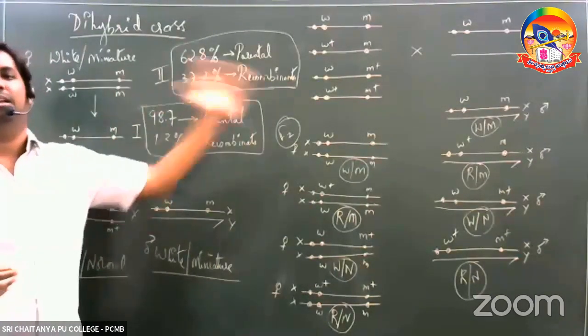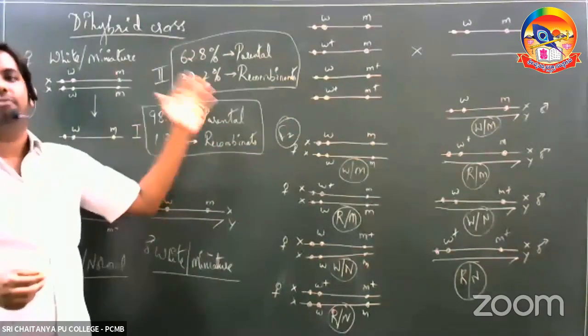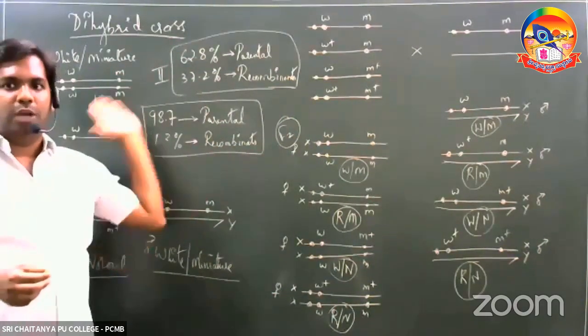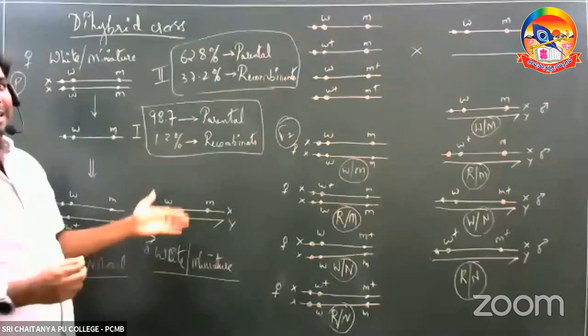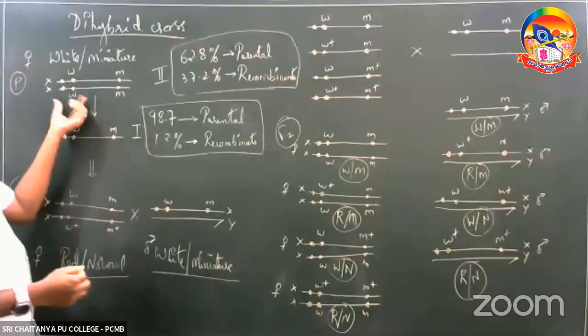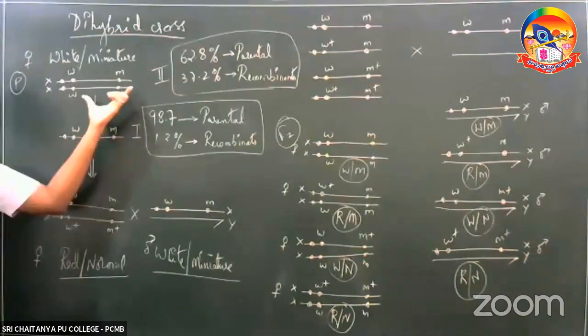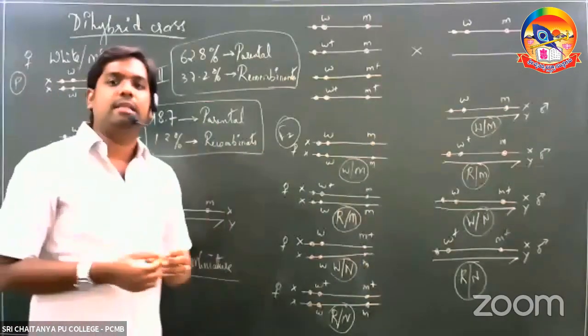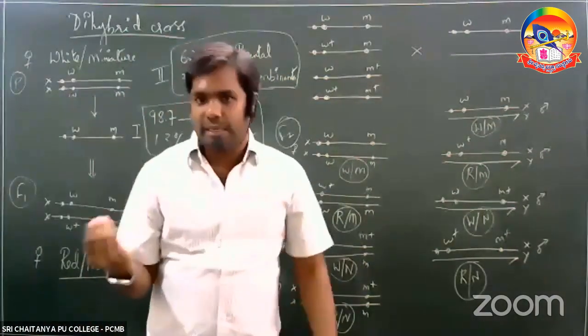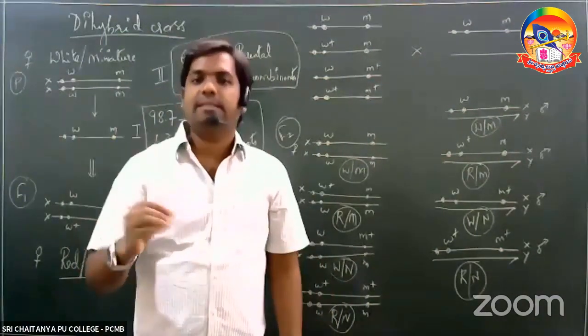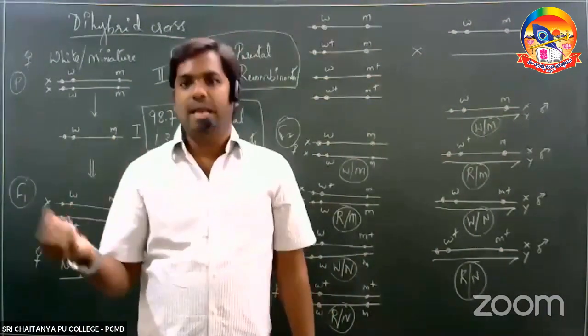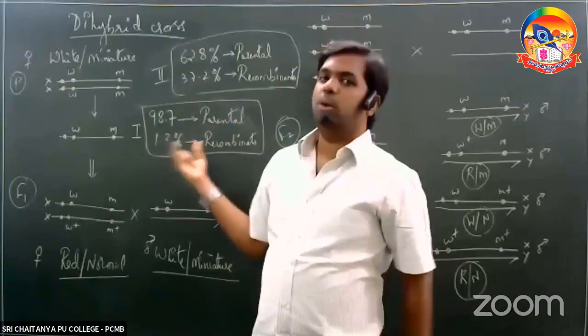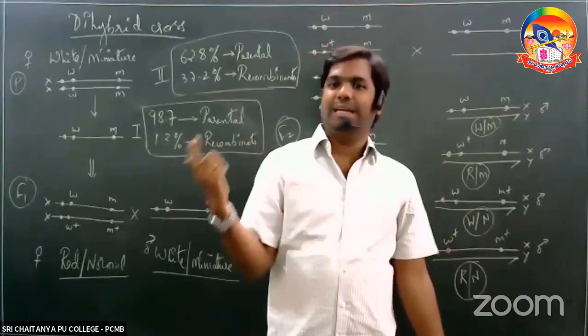So that was the final remark he came up with after performing the dihybrid cross. Let me repeat it once again. As the distance between the two genes increases, the extent of crossing over would increase. If the extent of crossing over increases, the number of recombinants obtained in the progeny would also increase.